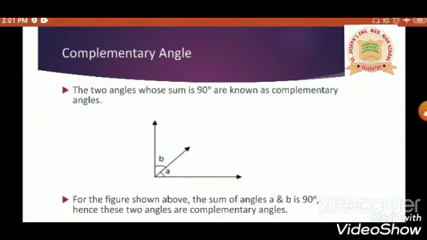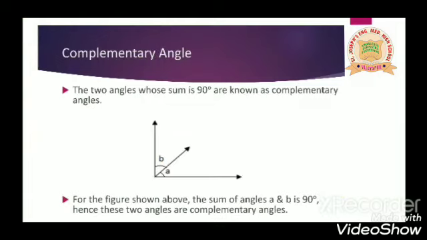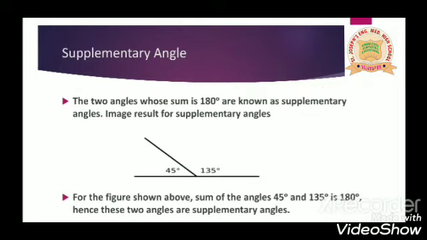For the figure shown above, the sum of angles A and B is 90 degrees, hence these two angles are complementary. So A plus B should be equal to 90 degrees. Such angles you call complementary angles.